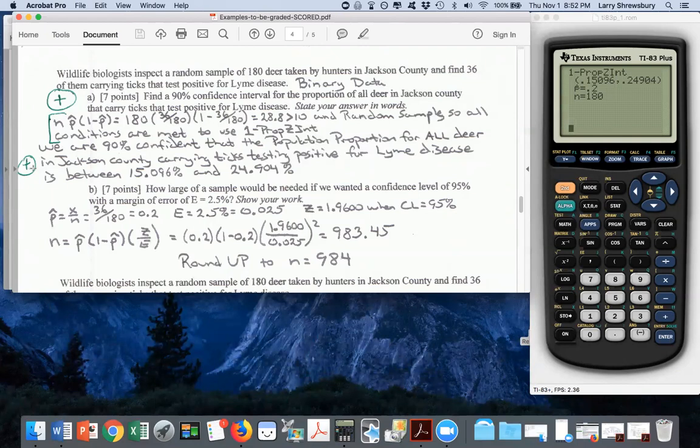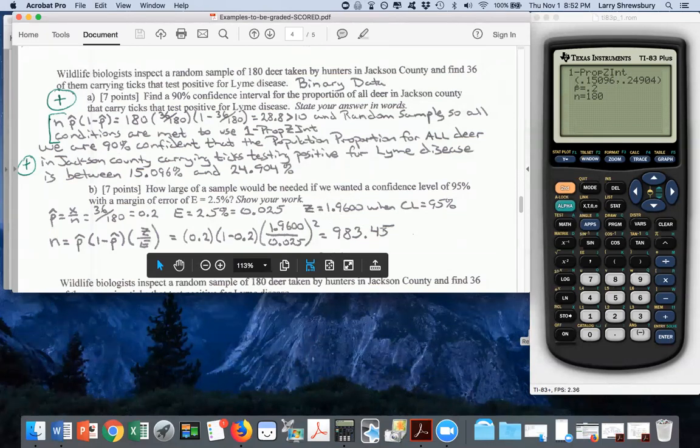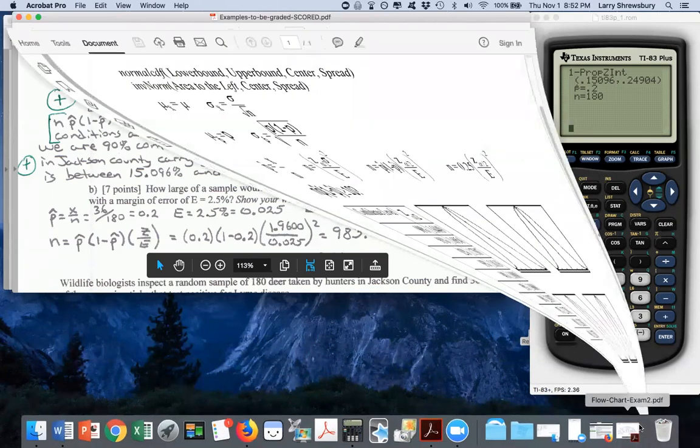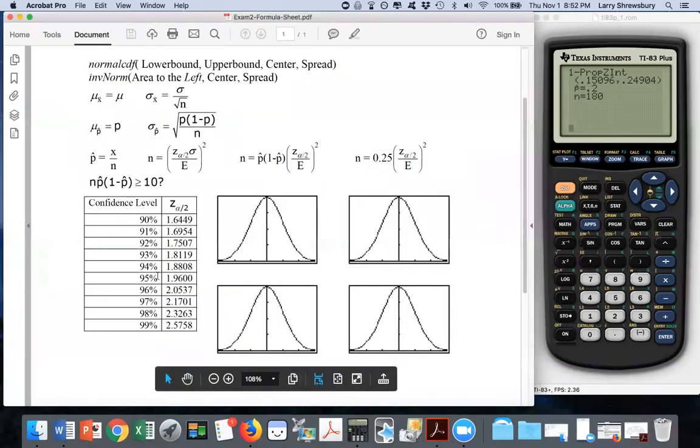Now, on the sample size calculation, you notice they're clarifying what p hat is. The margin of error, they're clarifying, oh, I'm not going to enter it as a percentage, but as a decimal, this is what it looks like. And they just looked this up off of the formula sheet. In fact, let's show that to you. So for 95%, that's the critical value.